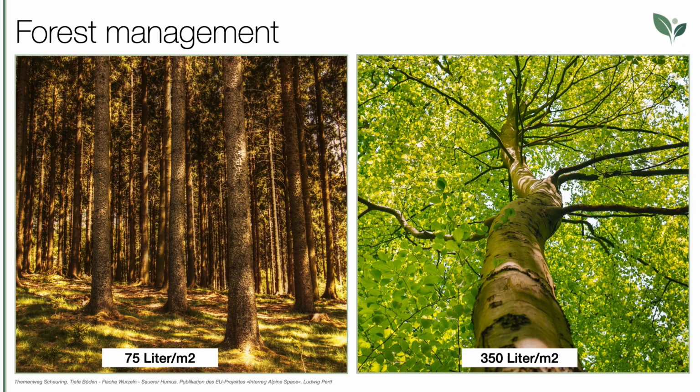Here we find a huge difference in the amount of water that the soil on a certain forest can store and, of course, also release, or how trees can access it.